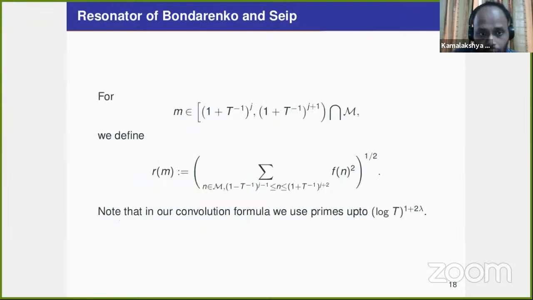And then our resonator coefficient r of m comes from f of n by considering this. We take a kind of norm of this f of n: f of n squared, we take it in a certain range and take the square root. So it's kind of an average over this n.